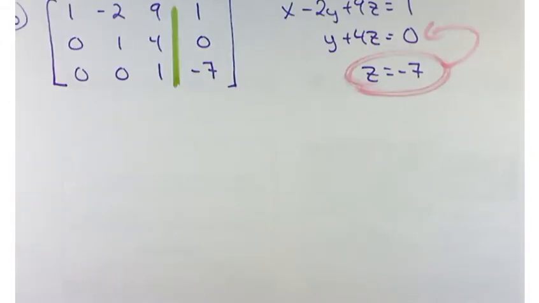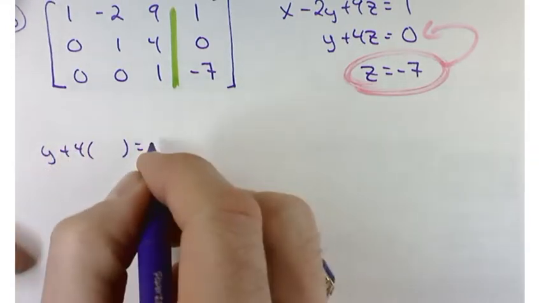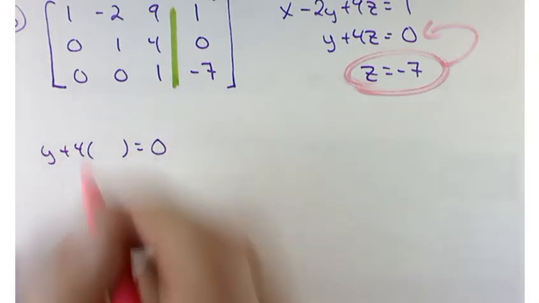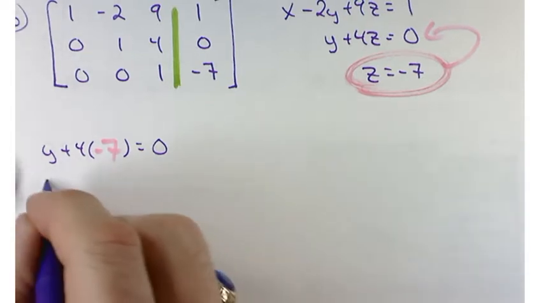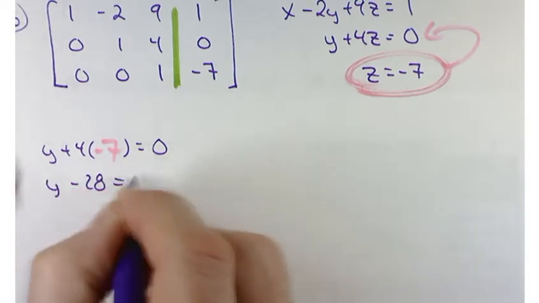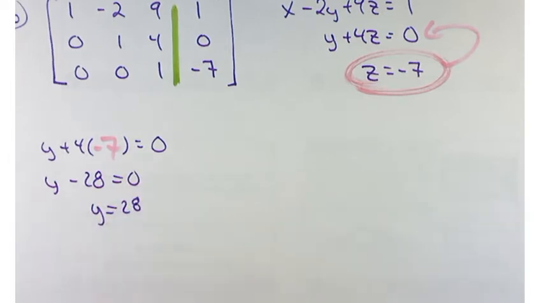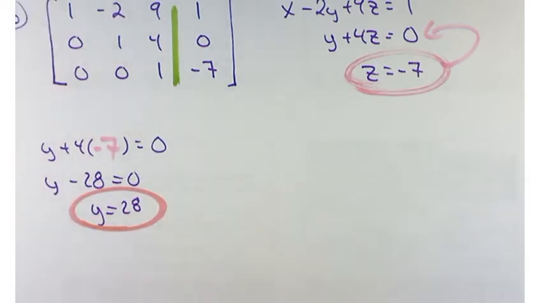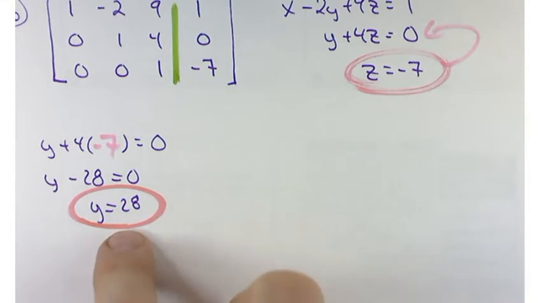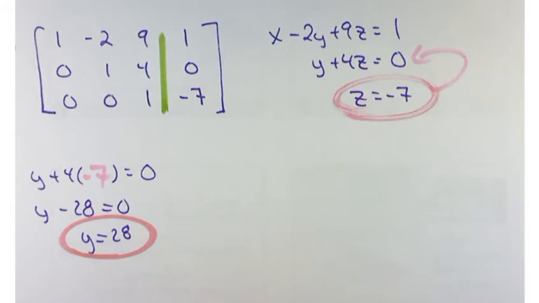So let's do that. Let's actually finish solving here all the way. That's going to be y plus 4 times -7 equals 0. Okay. So that's y minus 28 equals 0, or y equals 28. Great. 2 down, 1 to go. If y equals 28 and z equals -7, how am I going to find x?